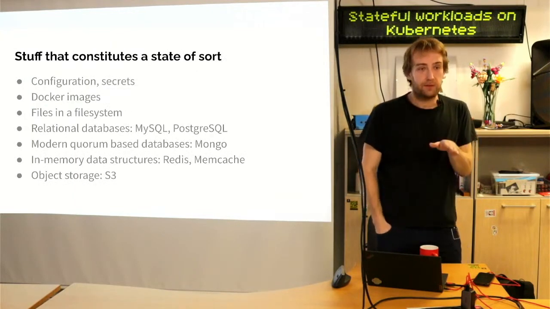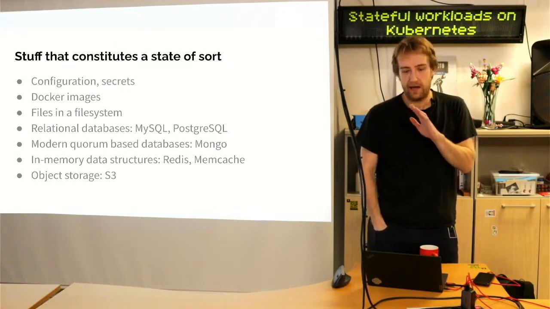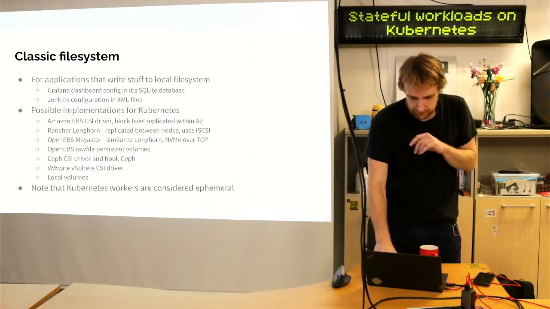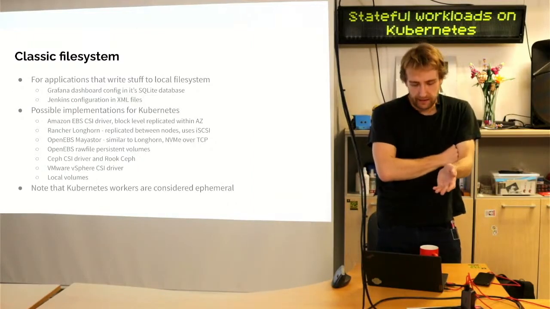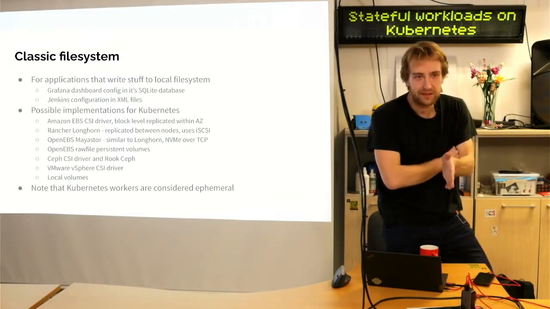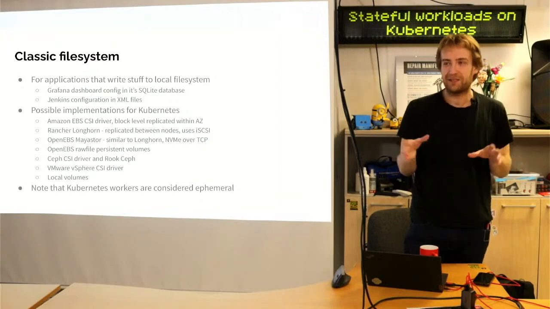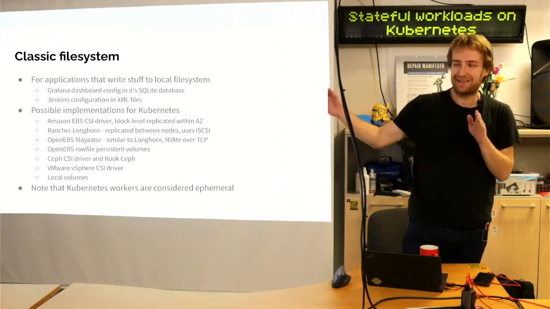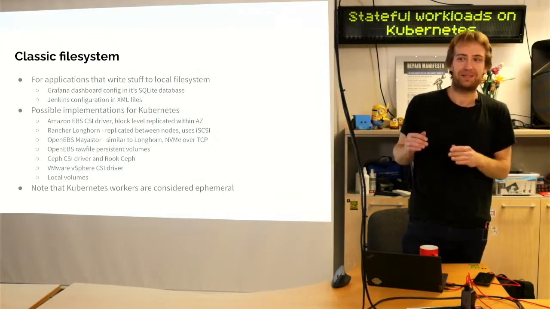So yes, you will need some sort of way to do file systems. And actually, let's jump here. Again, more examples. Somebody mentioned Jenkins last time. Jenkins is a good example of an application that needs a classical file system. The way Jenkins stores data, it has this massive directory full of XML files, gigabytes of XML files.